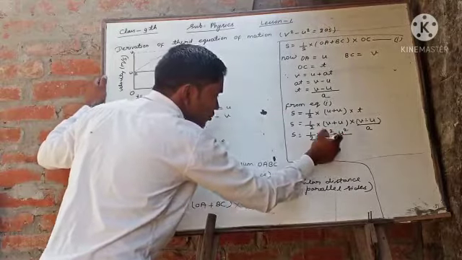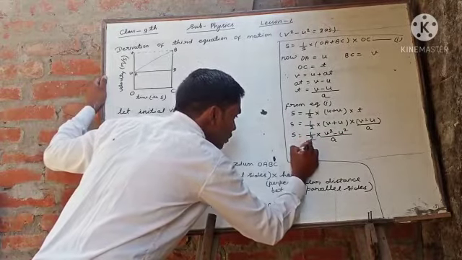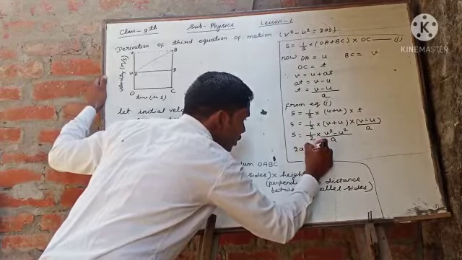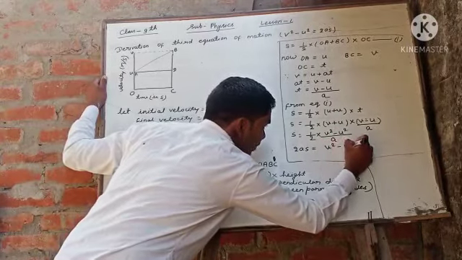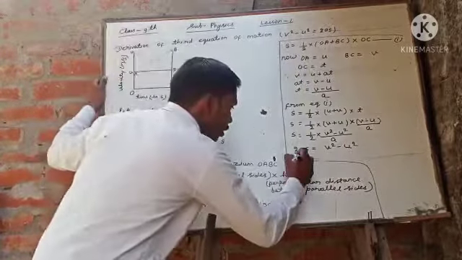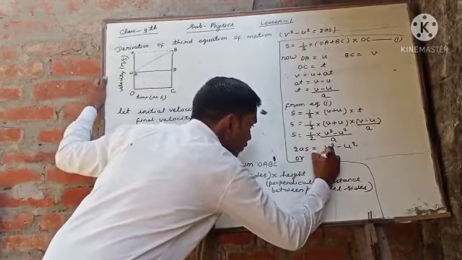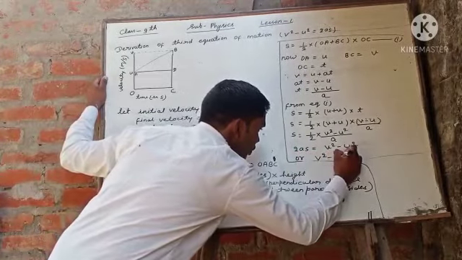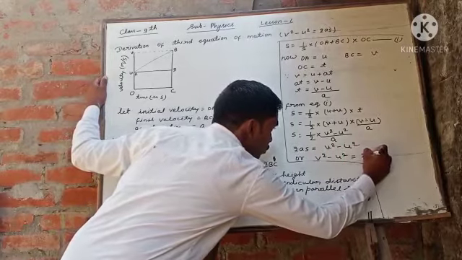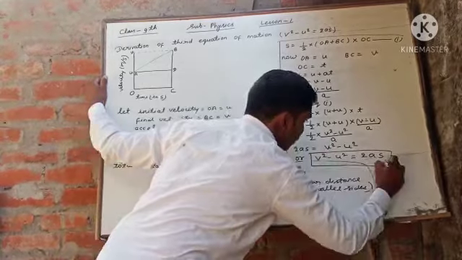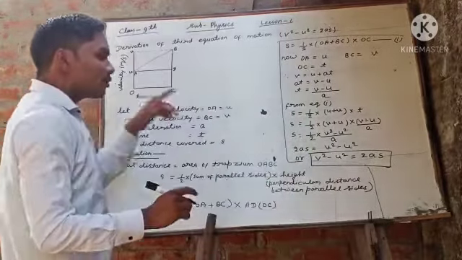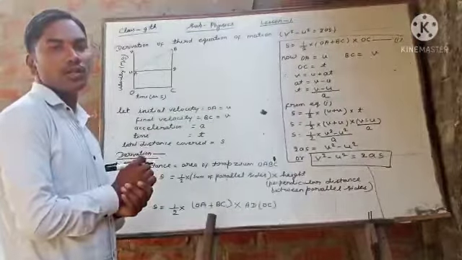When we do cross multiplication, it becomes 2as is equal to v square minus u square, or v square minus u square is equal to 2as. And this is the third equation of motion.